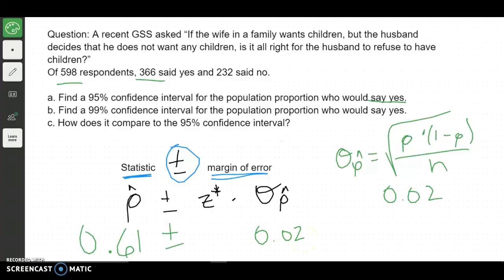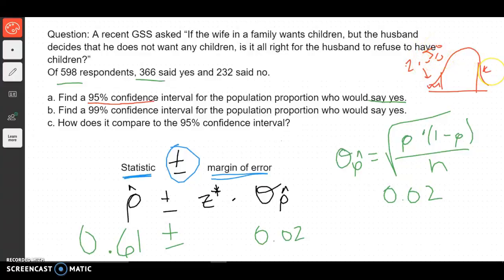Okay, now we have to find Z star. Z star is figured out by your confidence level. We want to be 95% confident the first time. If we want to be 95% confident, that means we want a confidence interval where we only have about 2.5% on both sides.